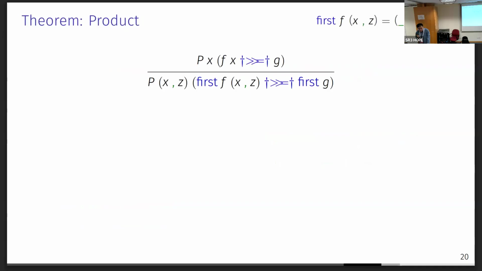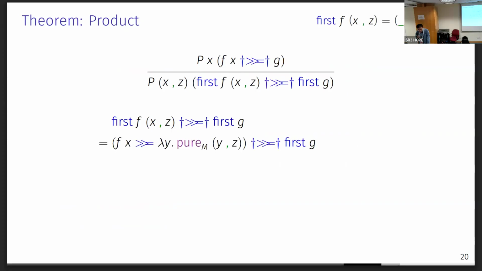What's good about this new formalization is that all the other axioms become theorems, so we can actually prove them. For the product, as we just saw, using the first combinator, we can start with this composition and do basically the same as in the monadic situation.